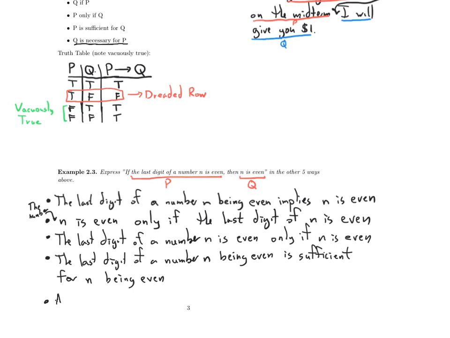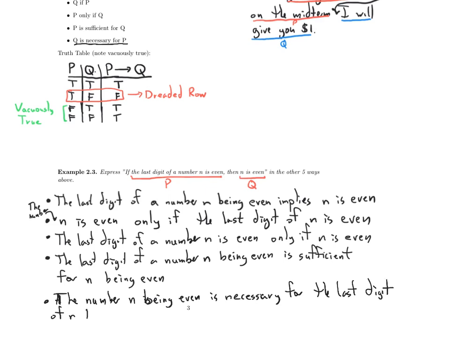The number n being even is necessary for the last digit of n being even.